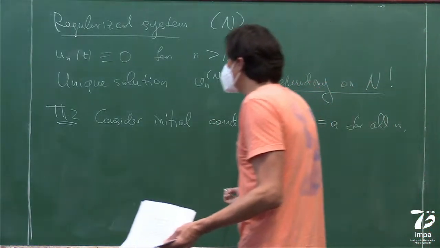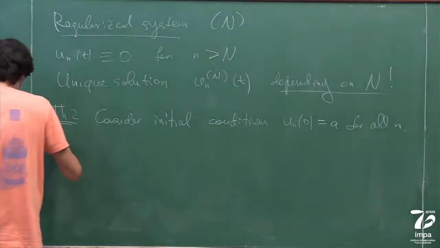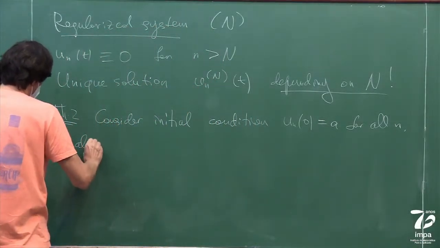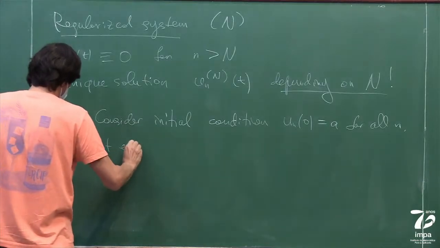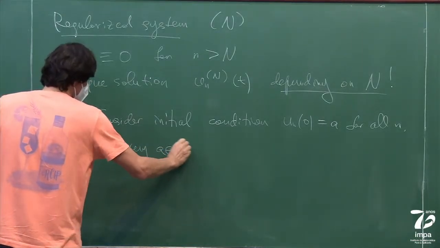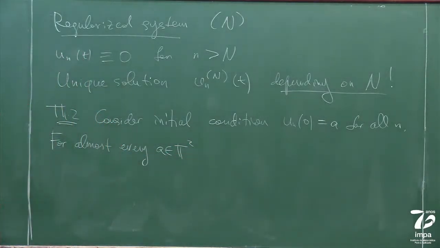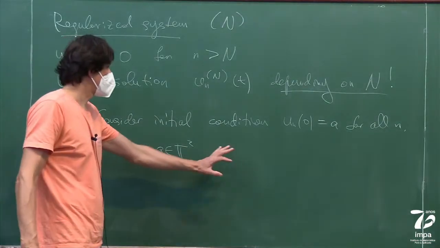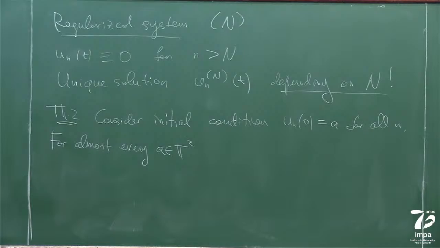So for almost every A, remember what almost every means. It means that some A may not satisfy our condition, but this will be a zero measure set of A's.